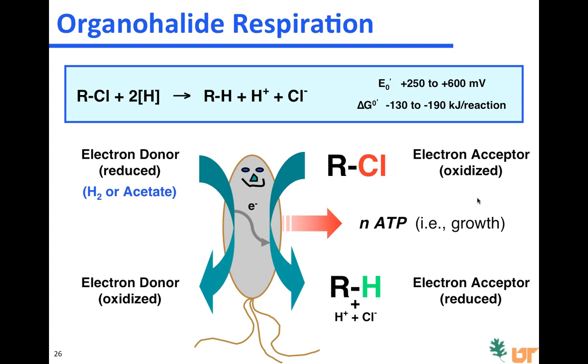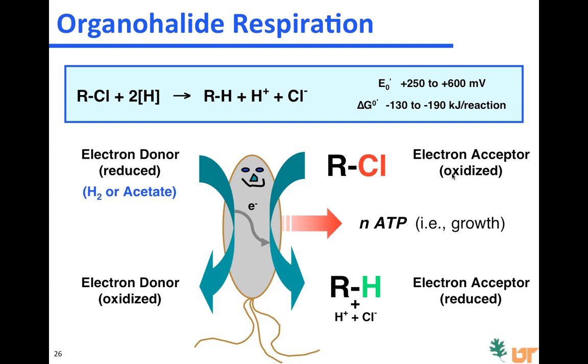In this little cartoon, you see the microbe is happy, it's smiling, because it has an electron donor available and a chlorinated compound available. The chlorinated compound is reduced, and in this reduction, energy is released, which the organism can capture in the form of ATP. In other words, it can grow based on the energy it gains from reductive dechlorination.